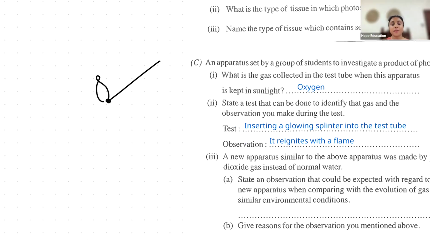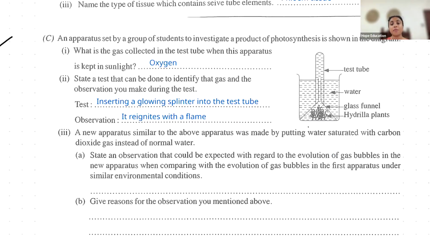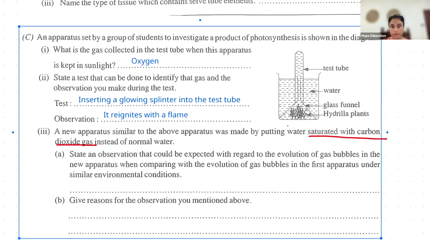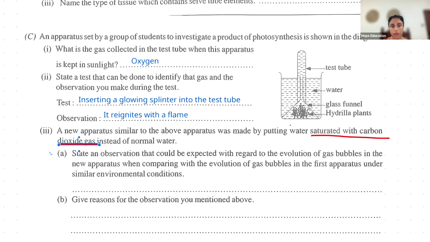A new apparatus similar to the above apparatus was made by putting water saturated with carbon dioxide gas. That means the water has the maximum amount of carbon dioxide. Instead of normal water, we are using water saturated with carbon dioxide gas. Okay.